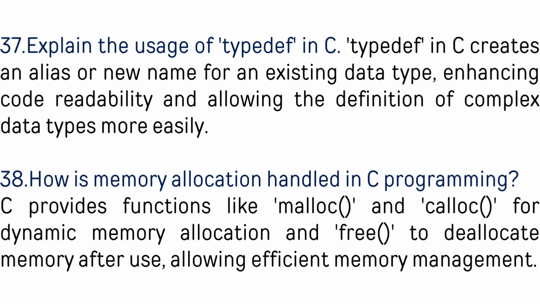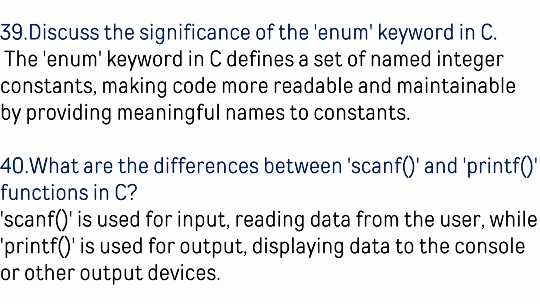38. How is memory allocation handled in C programming? C provides functions like malloc and calloc for dynamic memory allocation and free to deallocate the memory after use, allowing efficient memory management. 39.